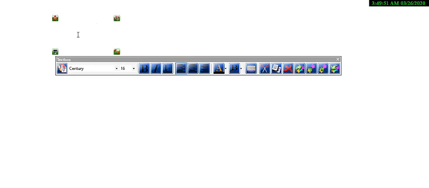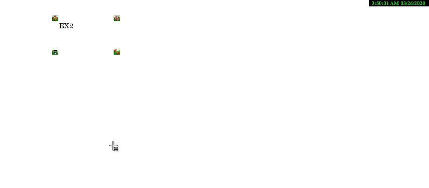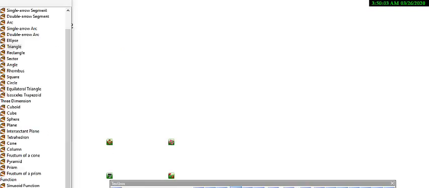We need to have another example for the same session, which I'm going to draw here. Example number 2, exercise number 2. We need to draw a triangle again.